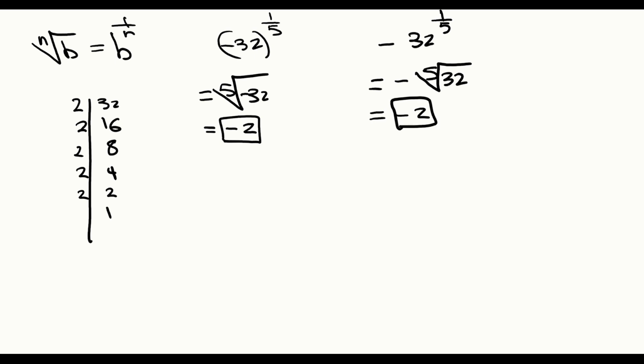So not the same kind of situation when it comes to negative numbers and odd values of n, as either the index here or the denominator here. So those are subtle differences that you really have to start becoming aware of if you want to move into more advanced mathematics.